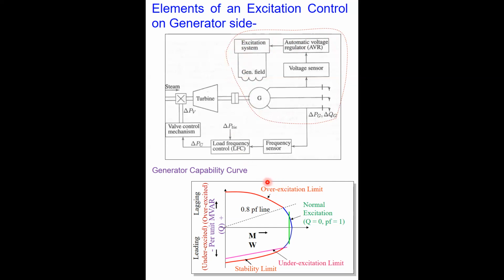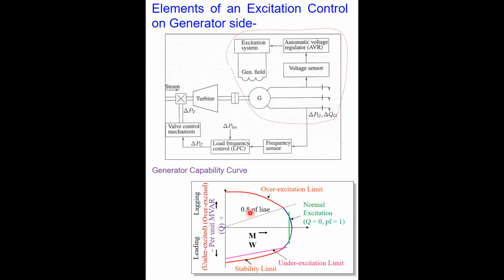This is the loop, you can say, which is involved in controlling the voltage on the generator side. And here, this is the generator capability curve. As I said earlier, on this axis it is Q, volt ampere reactive Q, and on this axis it is the power, megawatt, active power.